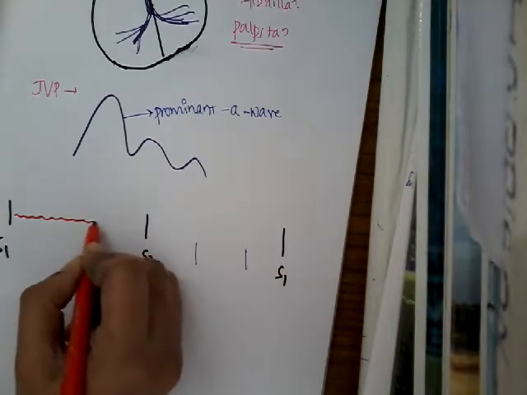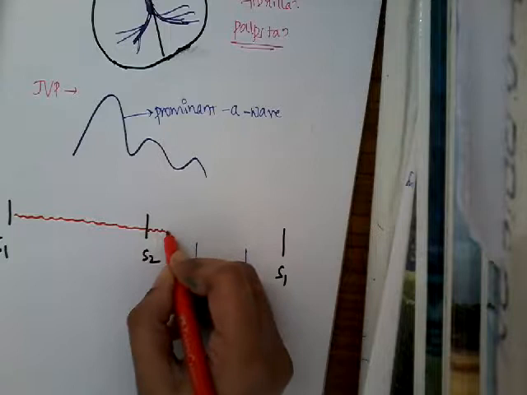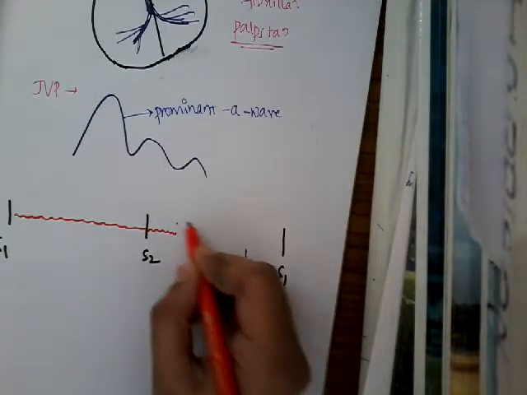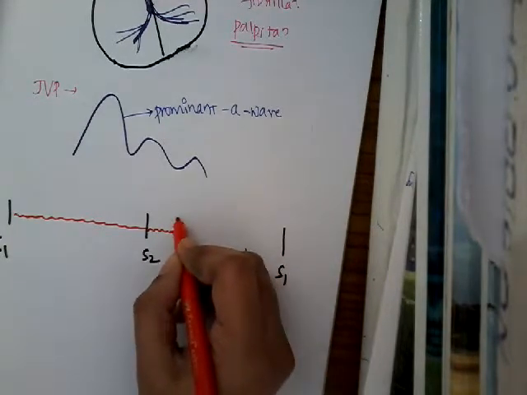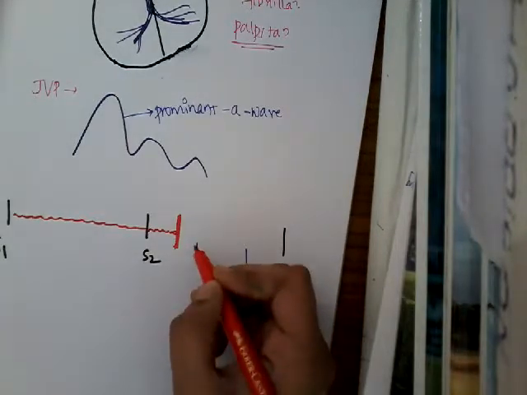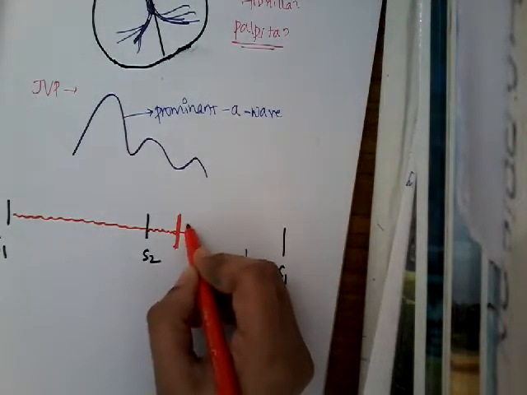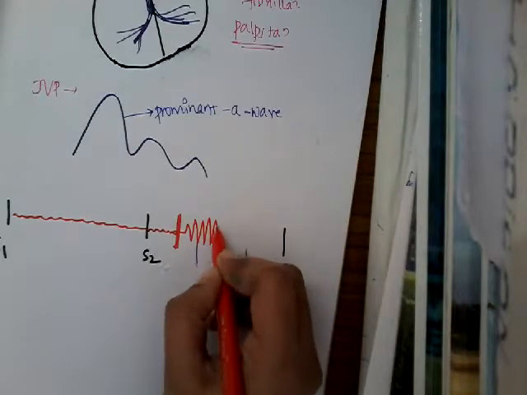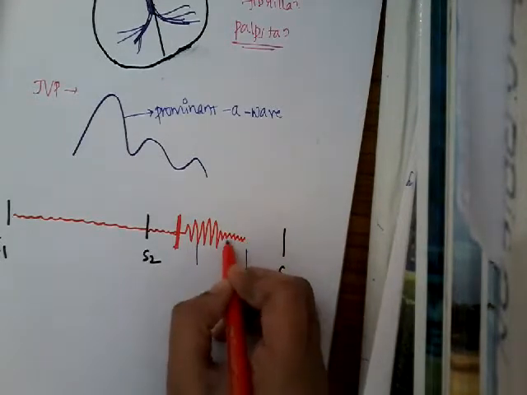So here there is flow of blood normally, and here first there is an opening snap because of the opening of the mitral valve, and then there is a mid diastolic murmur which increases and decreases in intensity.